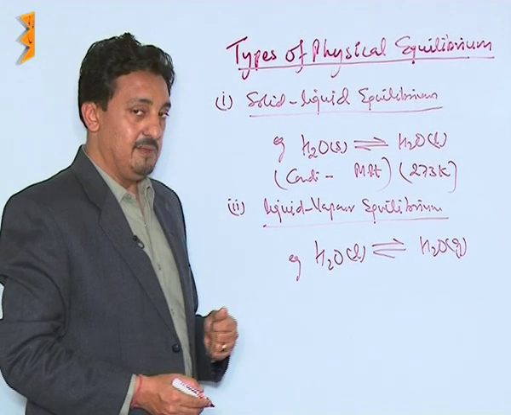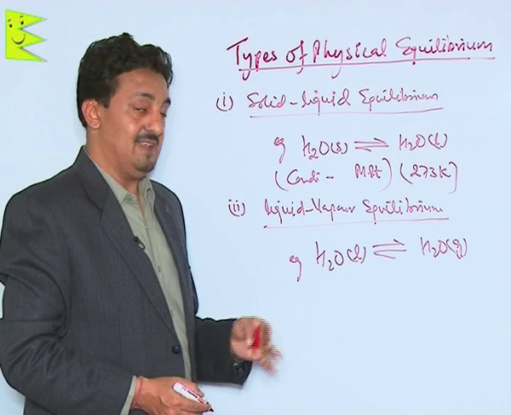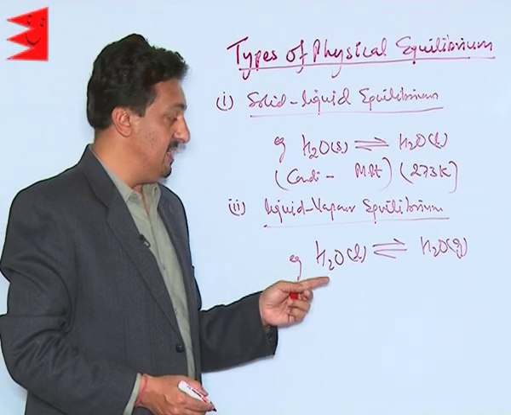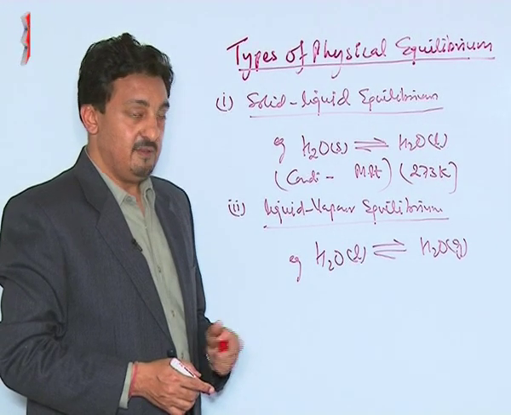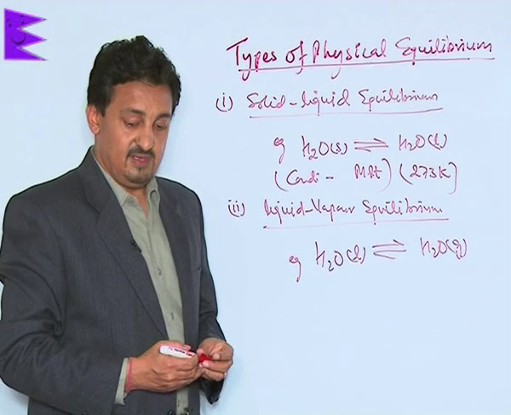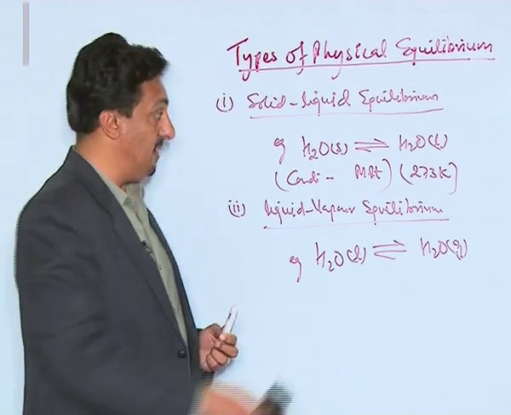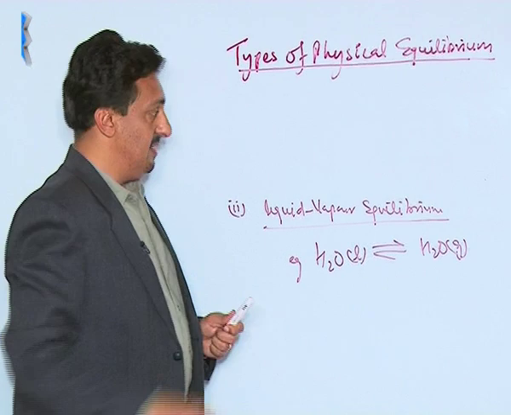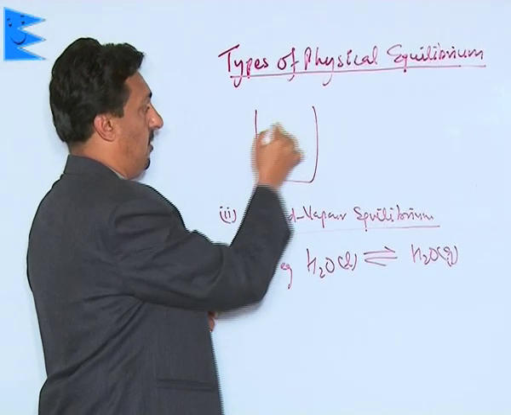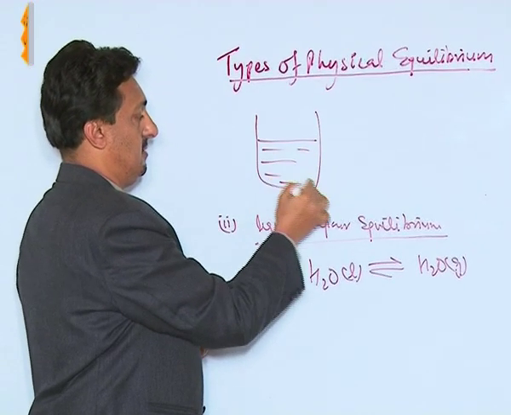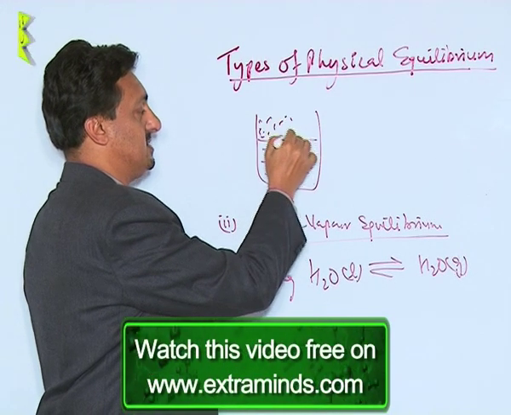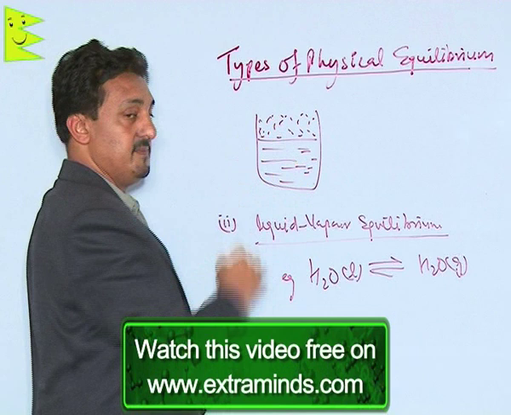This kind of equilibrium can exist at any temperature, but the condition is that the system should be closed because it involves gases, so that the vapors are not escaping out. I can show you with the diagram that if we take water in a beaker, after some time these water vapors escape into the gaseous state.